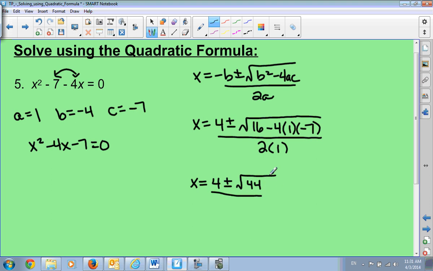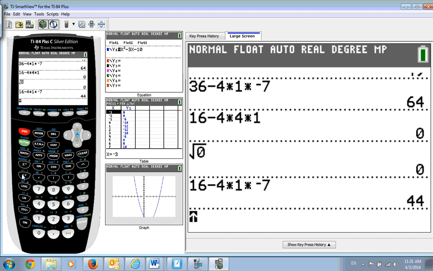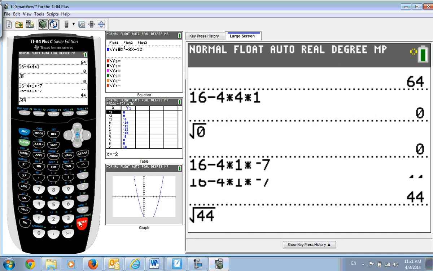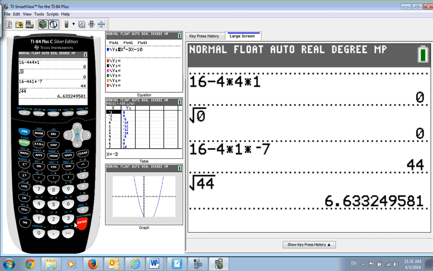All over 2. Okay. So actually when we get to this point, can you take the square root of 44? It's a decimal, right? Let's look at it in our calculator. Okay.